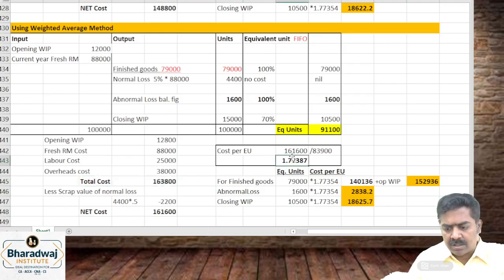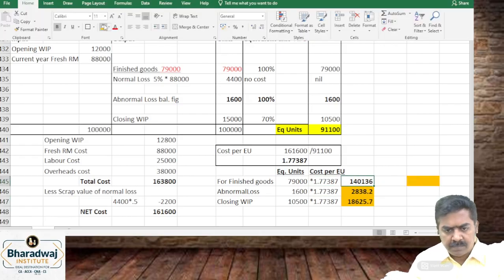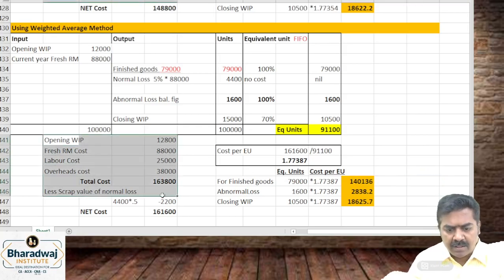Then we work out cost per equivalent unit. 161,600 divided by equivalent units, 91,100. Don't add opening WIP, because it is already included in the current year cost.